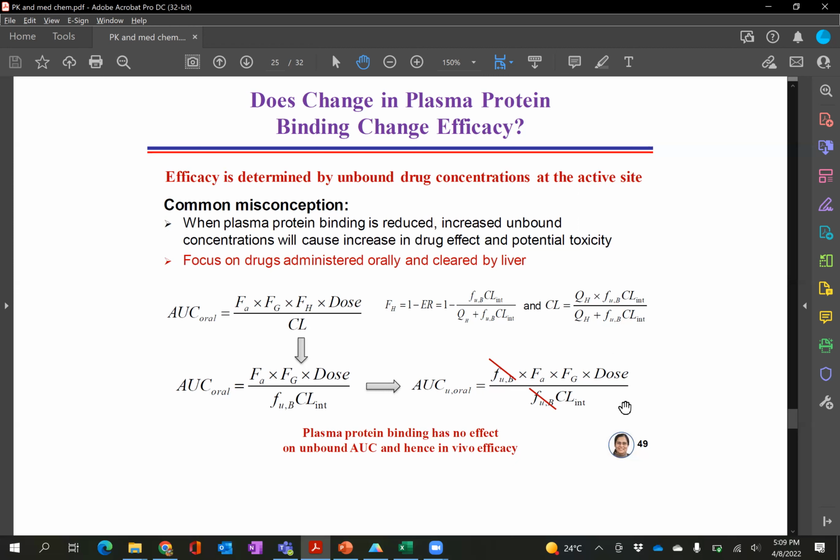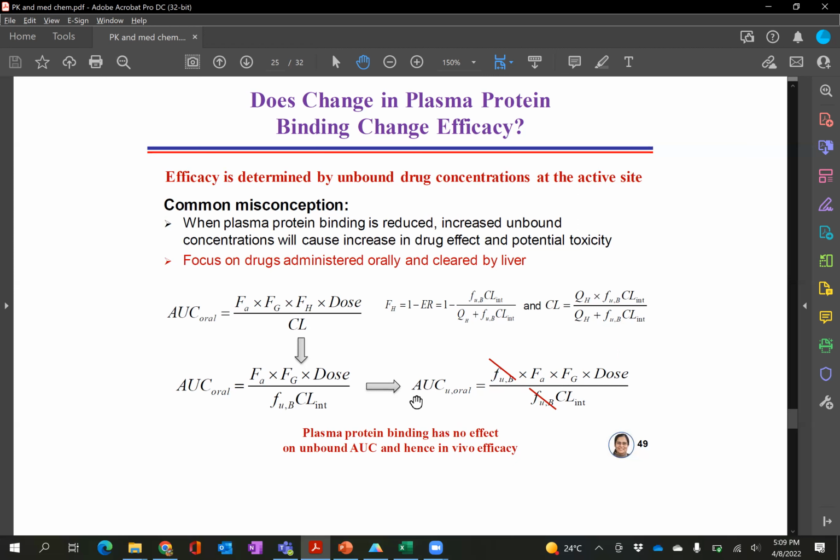So from this point of view, it's important to calculate this CL intrinsic. I think we can easily calculate that because we know the CL and we know all the FUB, and that will help us calculate the unbound AUC.